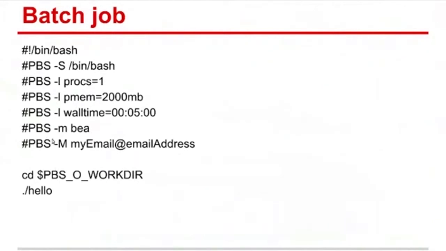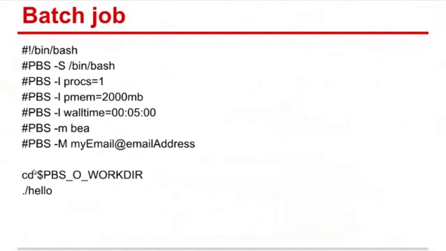All these lines starting with PBS are commands or requests to the batch scheduler, and they should come before any Unix command that you give. If you put any Unix command in between, all the remaining PBS commands will be ignored. So make sure all these lines are at the beginning.